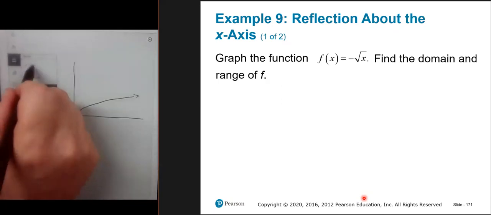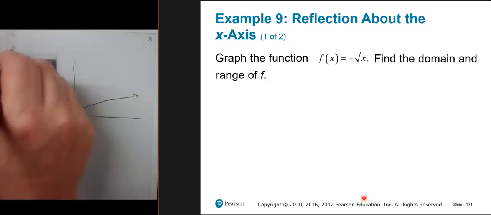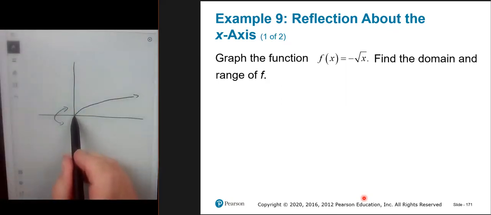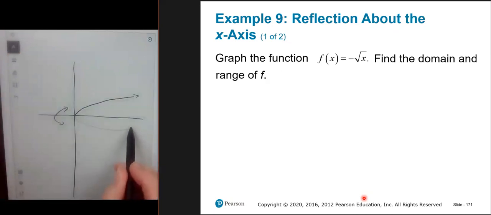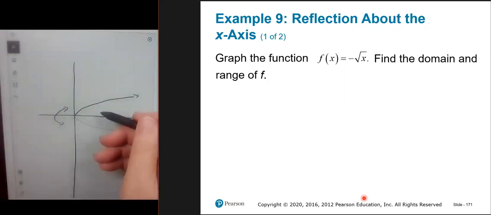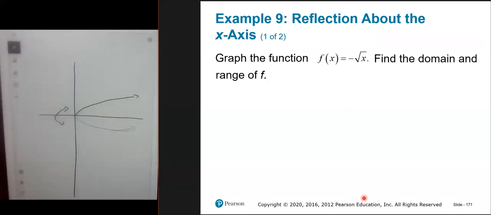So when I do the negative of x squared, I'm changing my y values. The minus sign is outside of the f, or outside of the parent function. So I'm changing my y values. So I'm flipping it across the x-axis, because what was positive is now negative, and what was negative is now positive.